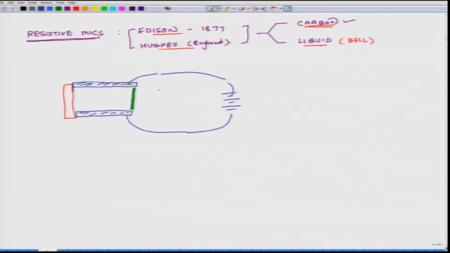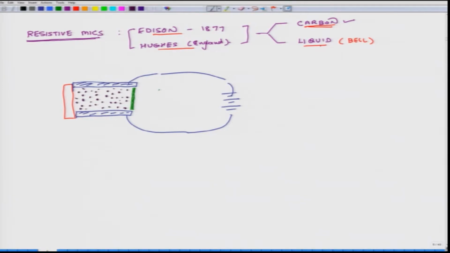This is a very crude demonstration, and inside I have loosely packed graphite particles. I do not pack them very tightly. Graphite is a form of carbon which has the ability to conduct electricity.